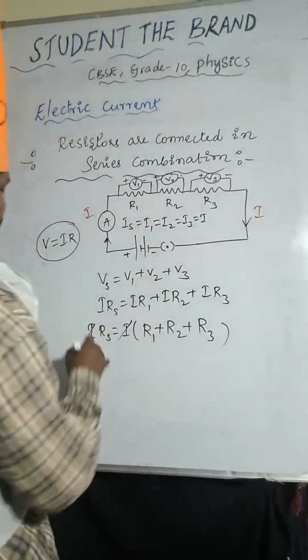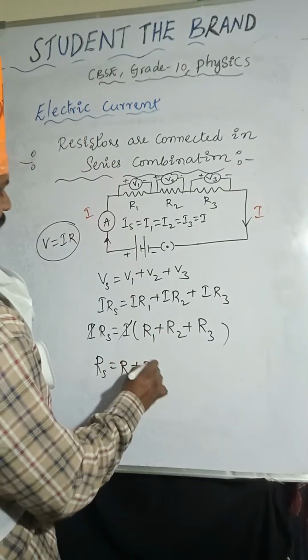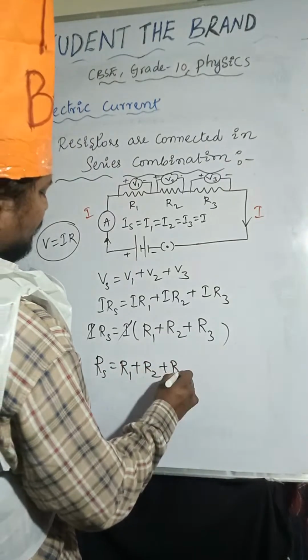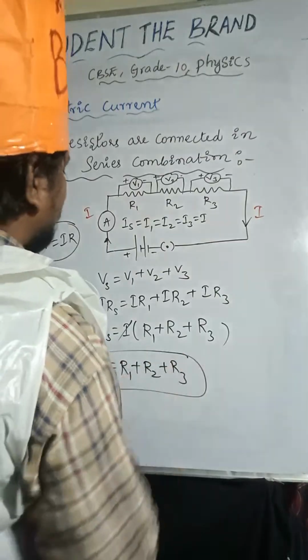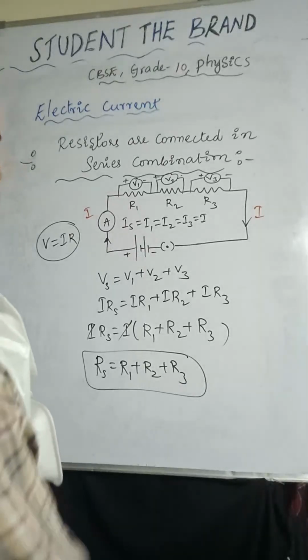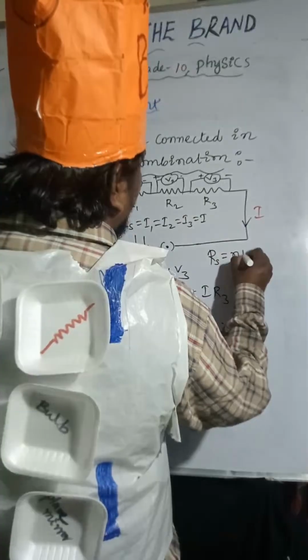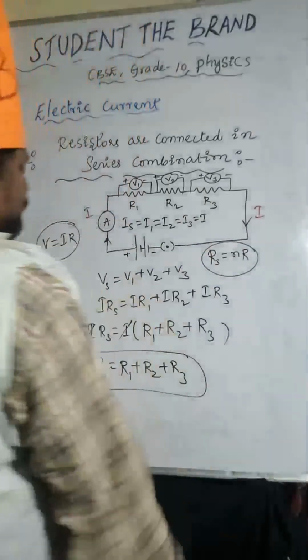So I gets cancelled, and Rs equals R1 plus R2 plus R3. So this is for resistors connected in series combination. If n number of resistors are connected in series combination, Rs equals nR.